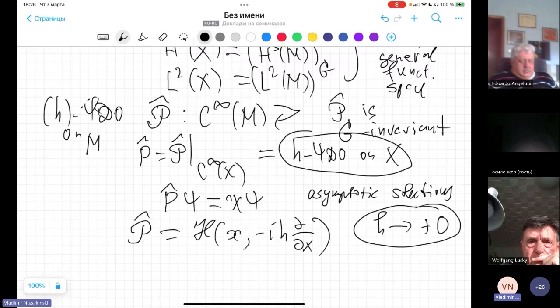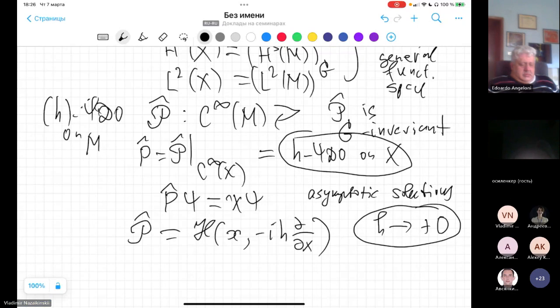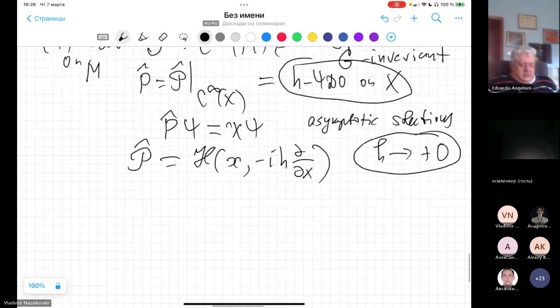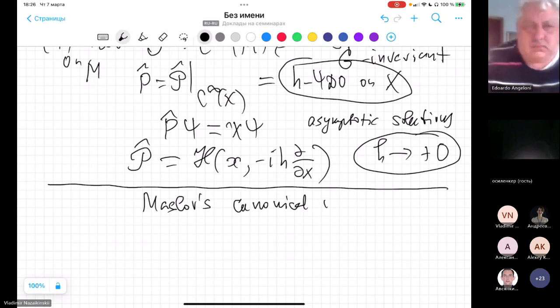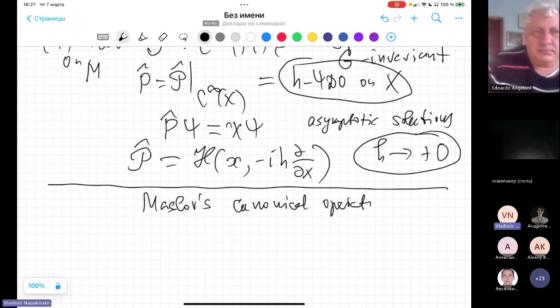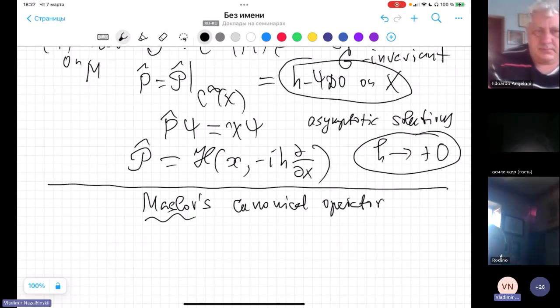So what is the method for seeking such asymptotic solutions? We will use the method known as Maslov's canonical operator.